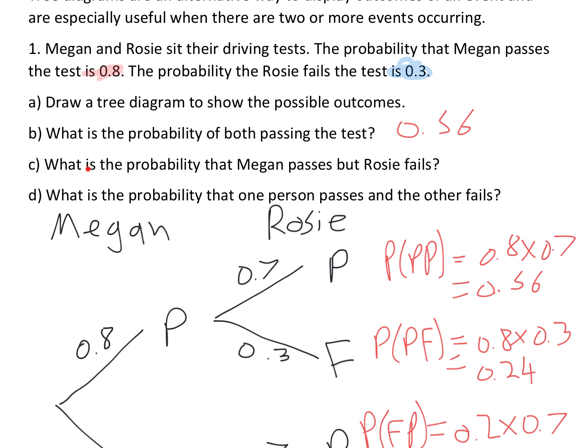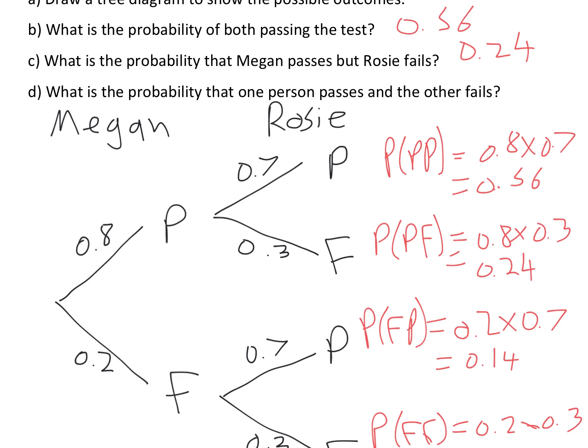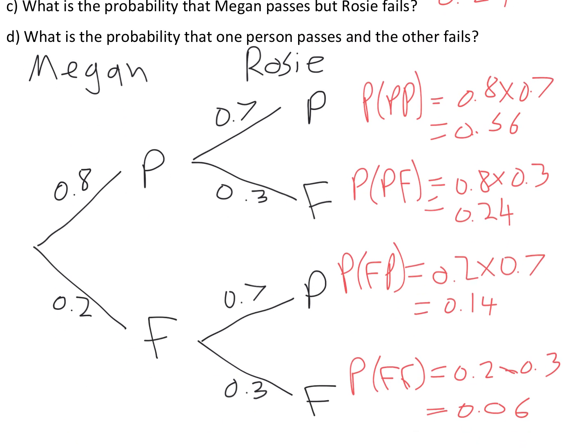Part C is: what's the probability that Megan passes but Rosie fails? Megan passing and Rosie fails is this one here. So that's 0.24. And the last one is: what is the probability that one person passes and the other fails? Well, that's a bit more complicated because this one here is somebody passing and somebody failing, and also this one here is also somebody passing and somebody failing.